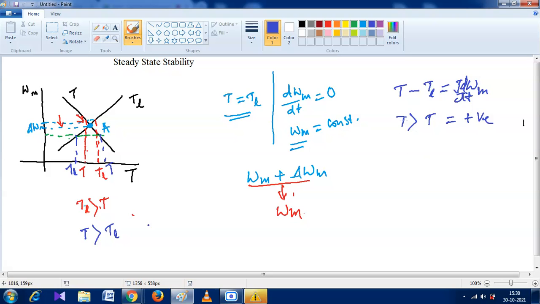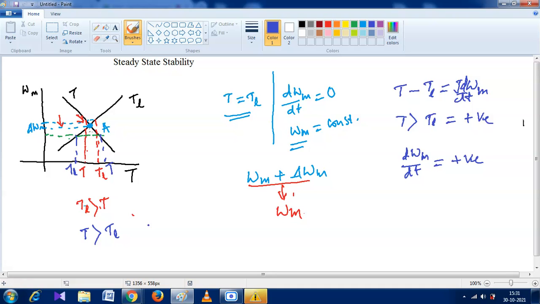If T minus TL is positive, then what is the value of d omega by dt, positive or negative? Positive. That means the speed will decrease or increase? Increases. That means the speed will increase.